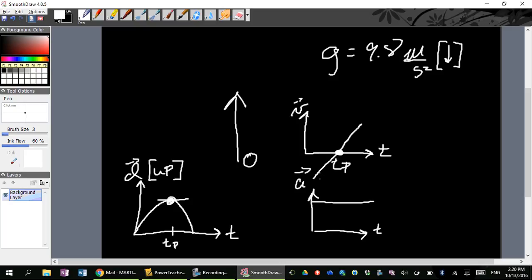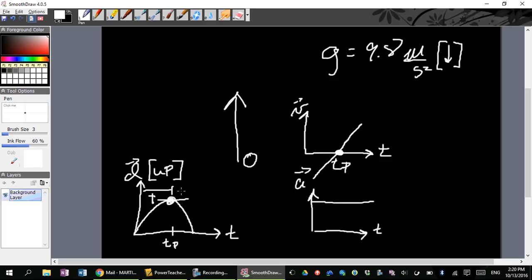Slope positive for every point. If you look here, the slope from here to here is all positive. Do you agree? Imagine the slices here as your tangents.